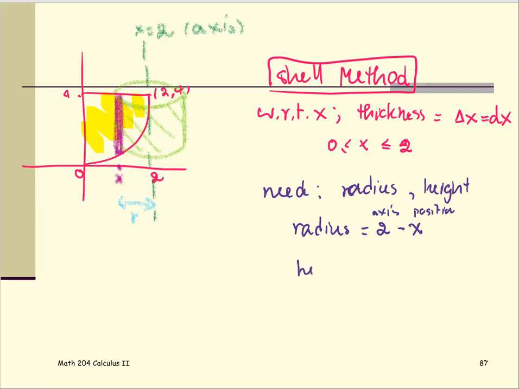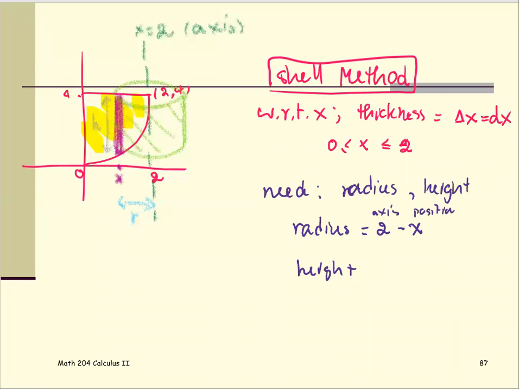Next, we're going to find the height of the bar. Based on our information, we can see the highest point of the bar is the horizontal line y equals 4, and the bottom of the bar is located on the graph y equals x squared.